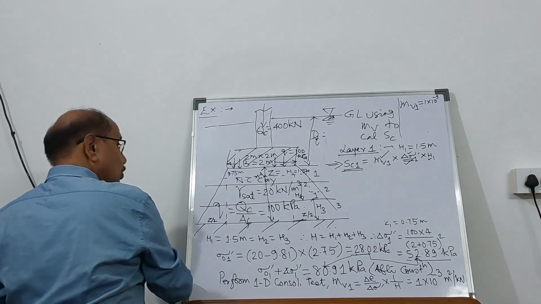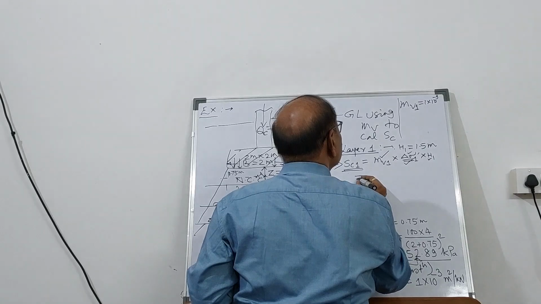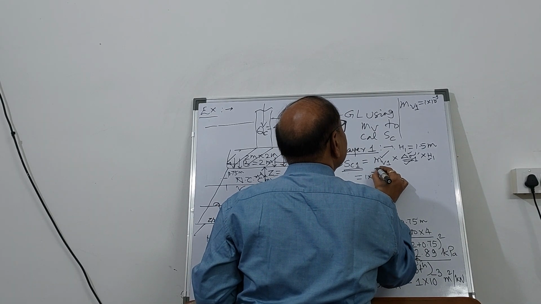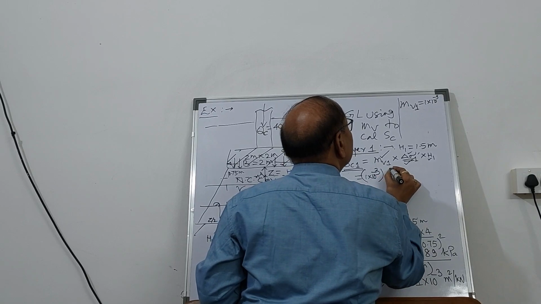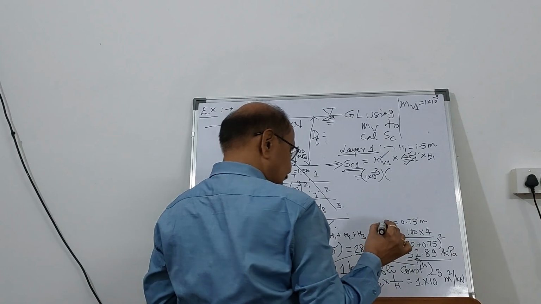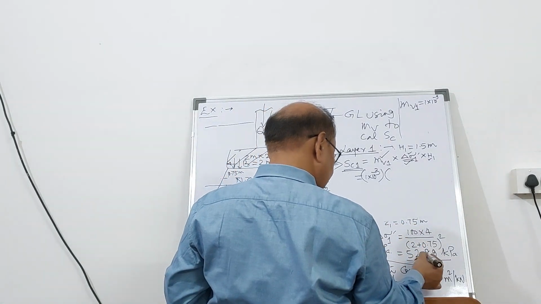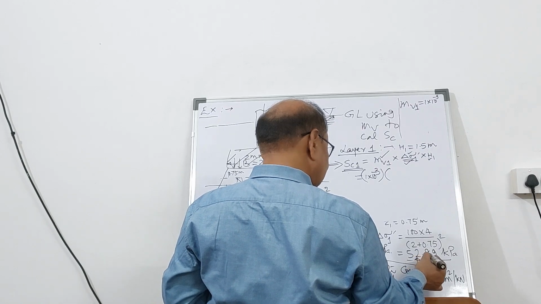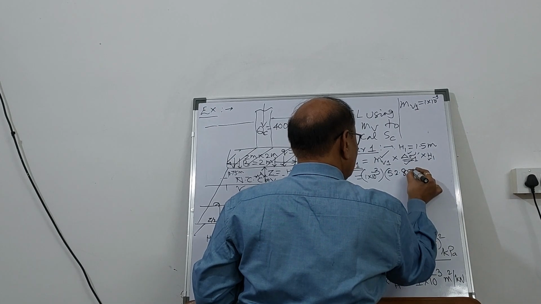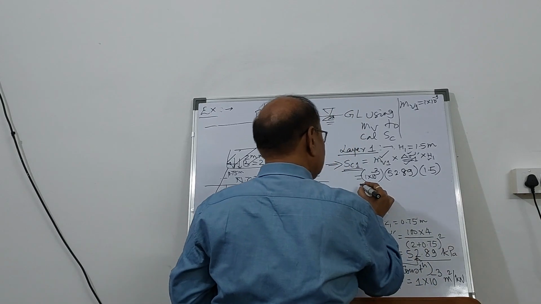So if I substitute the values, this is equal to 1 into 10 raised to minus 3, MV1, multiplied by delta sigma 1, which you have already calculated as 52.89 kilopascal, into 1.5 meter.